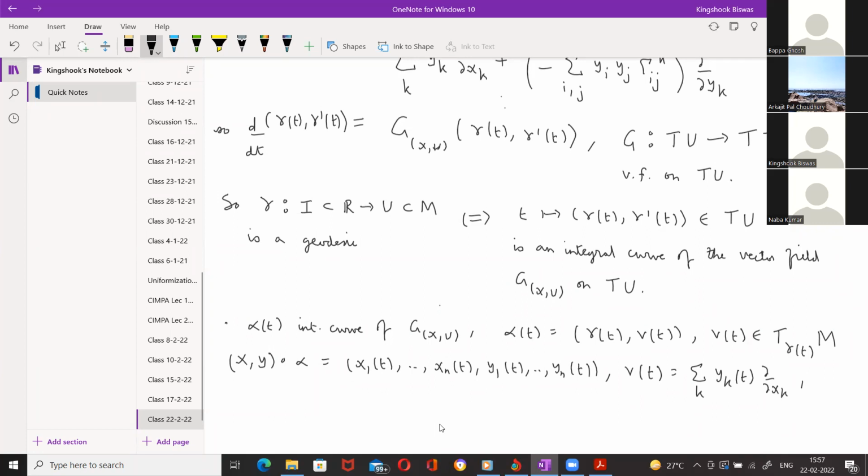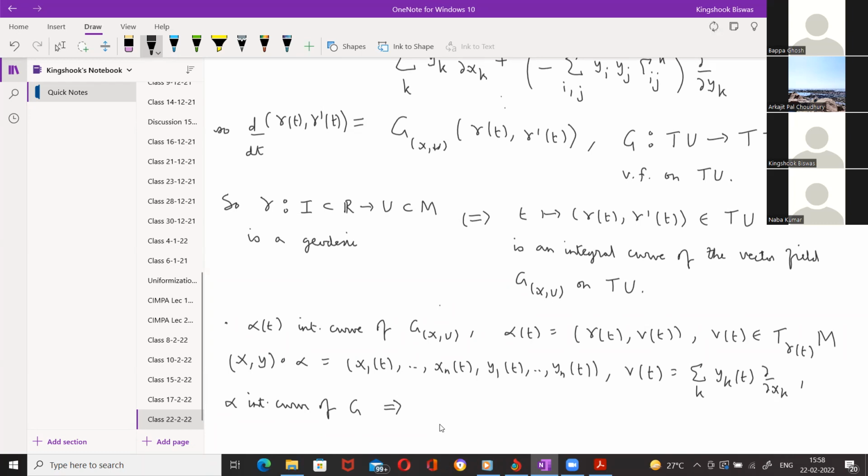And so alpha being an integral curve of G implies that the system of first order equations holds here.